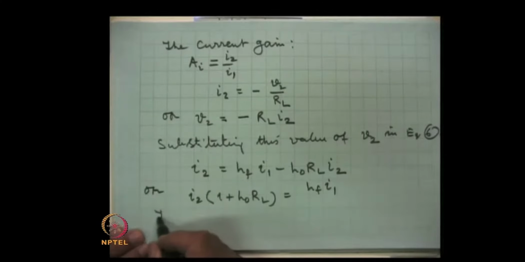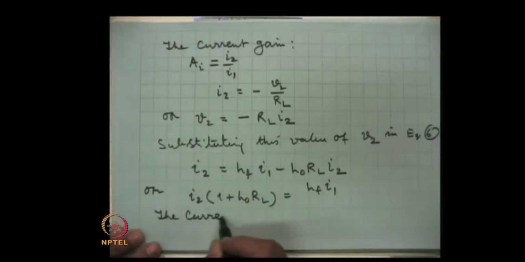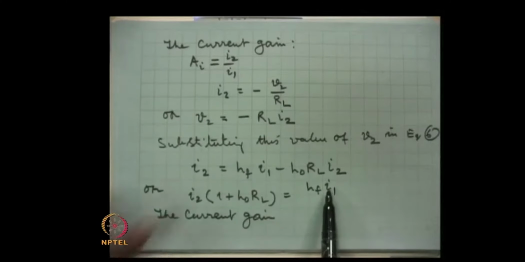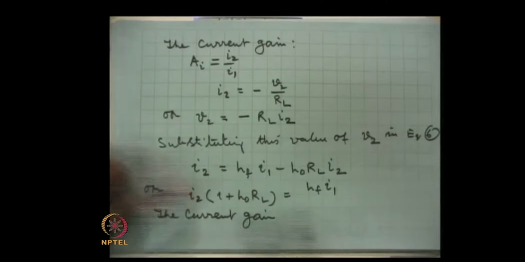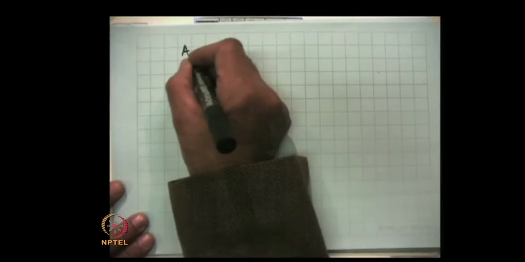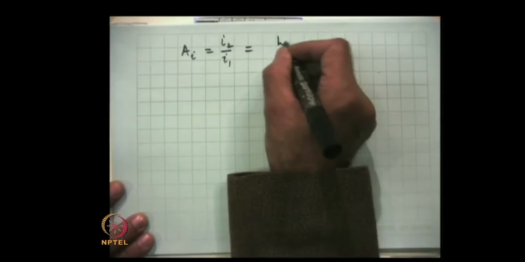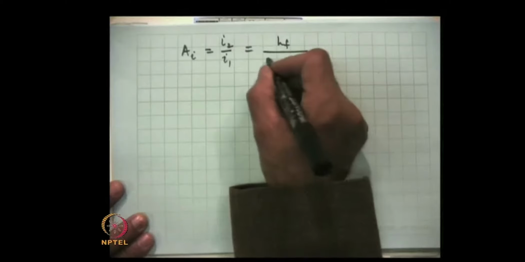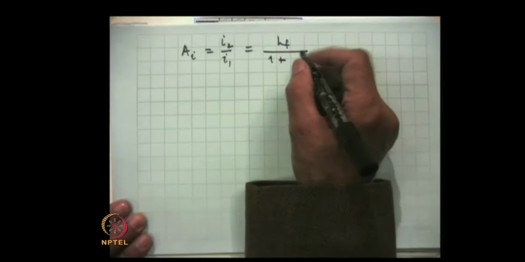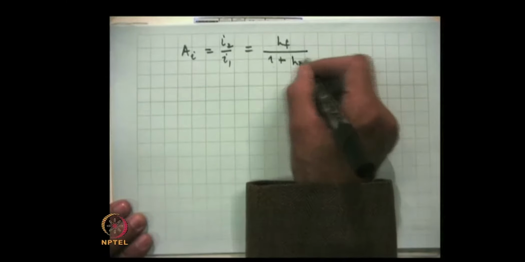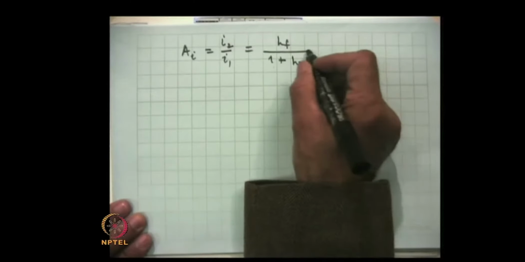The current gain I2 by I1. So, this divided by this, we get a very simple expression that current gain A I is equal to I2 by I1, and that is H f over (1 plus H O into R L).